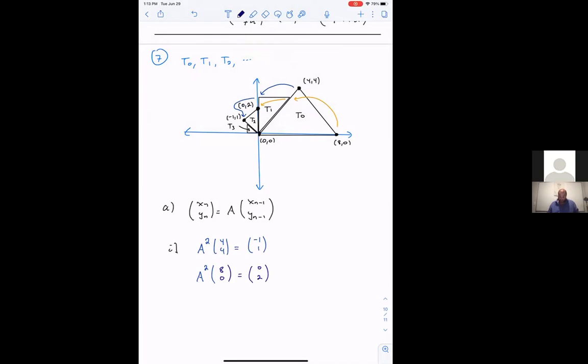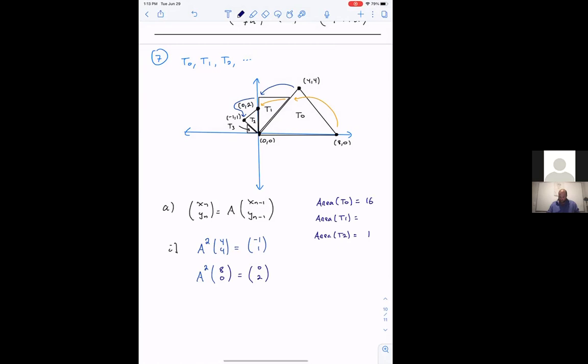I should be able to determine the enlargement factor because the area of T0 is 1/2 base times height. The base is 8, the height is 4, so the area of T0 is 16. Meanwhile, I don't know the area of T1 because I don't know those coordinates, but I do know the area of T2. T2 is a base of 2. If you look at this side, here's 2, and that's 1.